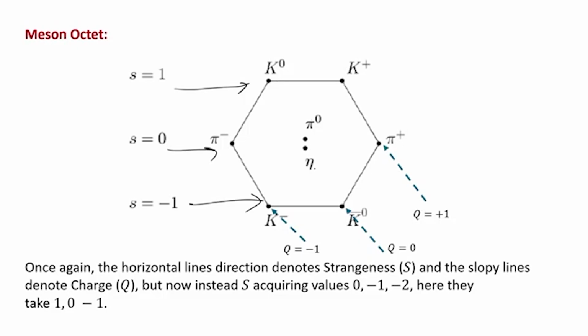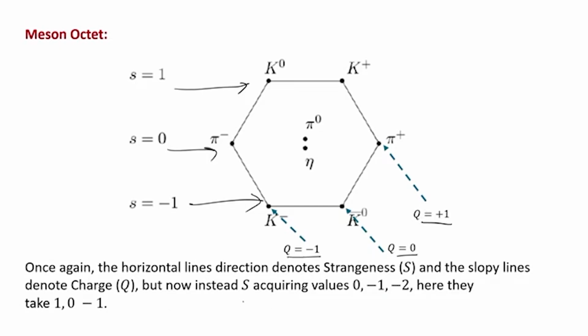You have a pi 0 and eta particle, and there is a K minus negatively charged kaon and pi minus. So, they have a charge -1, and for all these particles they have a charge equal to 0, and K plus and pi plus have charge equal to 1, and the strangeness numbers are shown as +1, 0 and -1. So, once again, the horizontal lines denote the strangeness, and the sloping lines, basically the rightward slope, denote the charge.